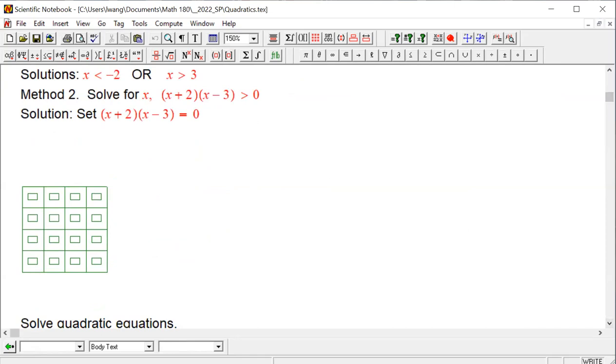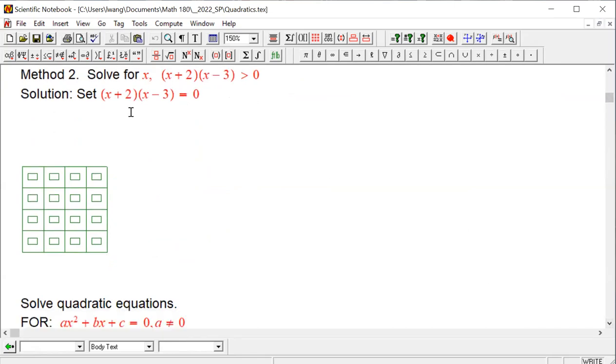So by setting this equal to 0, you're going to have x plus 2 equals 0, or x minus 3 equals 0. In fact, you can put this step in the first method. It doesn't hurt. And then you get x equals -2, or x equals 3.